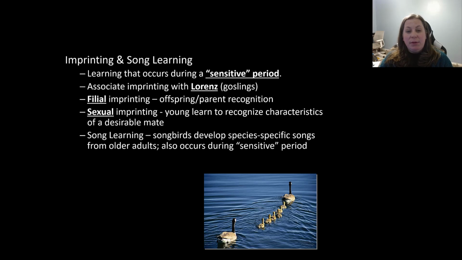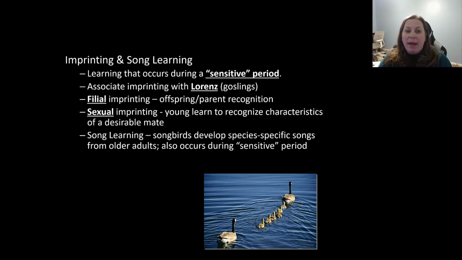And a sensitive time period that we're going to look at here is going to be the idea of imprinting for knowing who their parent is for recognition. Also, how do they figure out a desirable mate? So these are associated with this idea that familial imprinting is where the offspring is going to be able to recognize its parent.